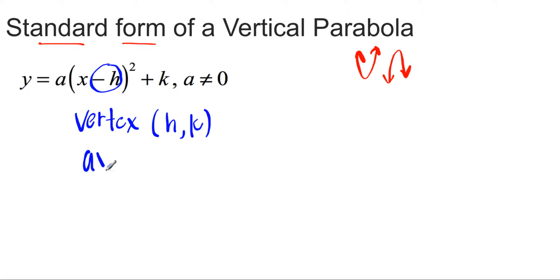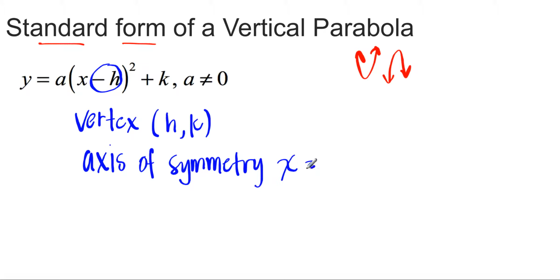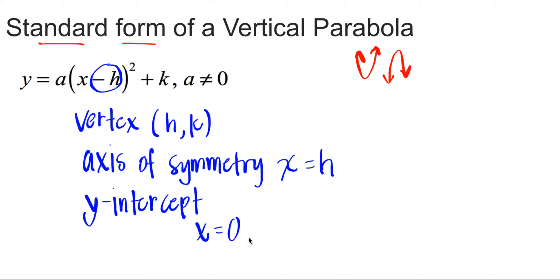The axis of symmetry, which is what we want to find after the vertex, is x is equal to h. And remember, h is just a number. And then the y-intercept is where the graph crosses the y-axis, and we find that when x is equal to 0. So we'll actually plug in 0 for x and solve for y.